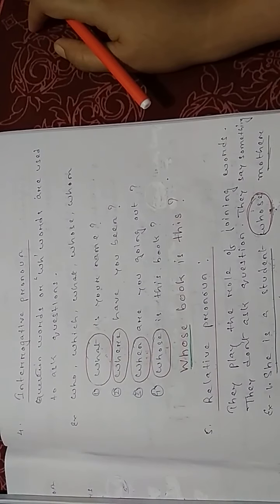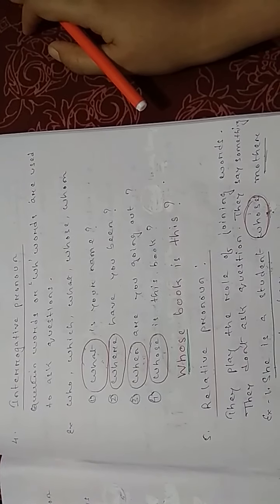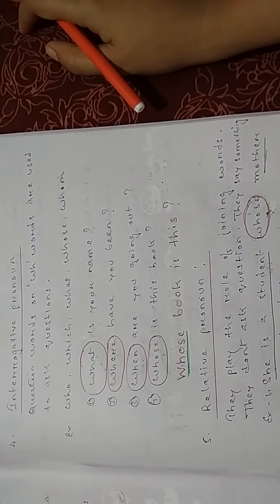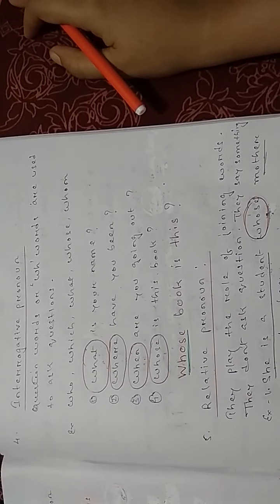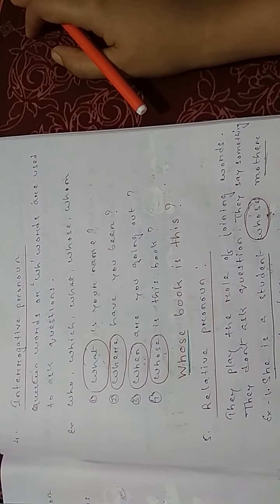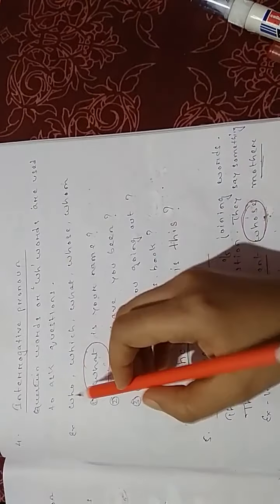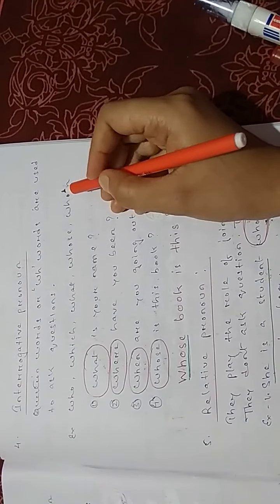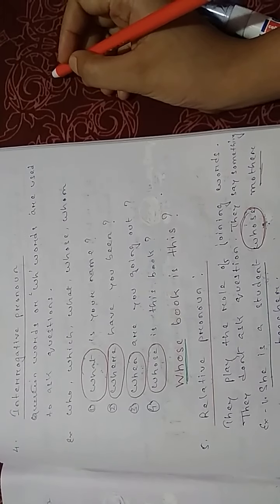Sentences which ask question. Right? Now talking about interrogative pronoun, those question words which are used to ask a question, all these question words are interrogative pronoun. Words like who, which, what, whose, whom. So these are all interrogative pronouns.